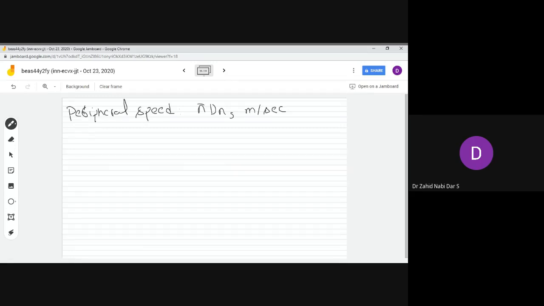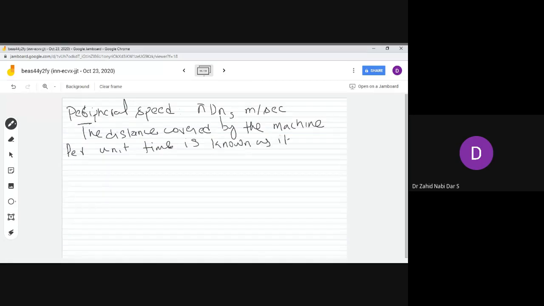So we can say the distance covered by the machine per unit time is known as its peripheral speed.